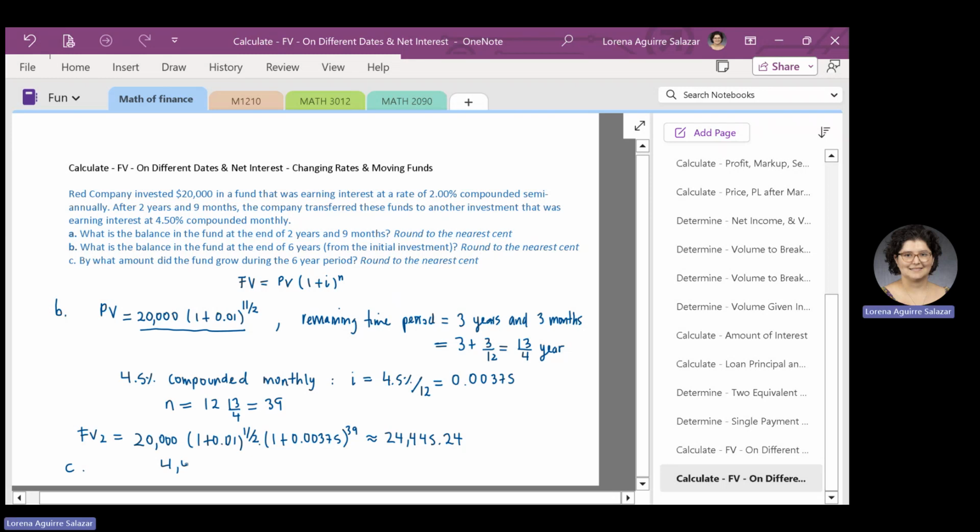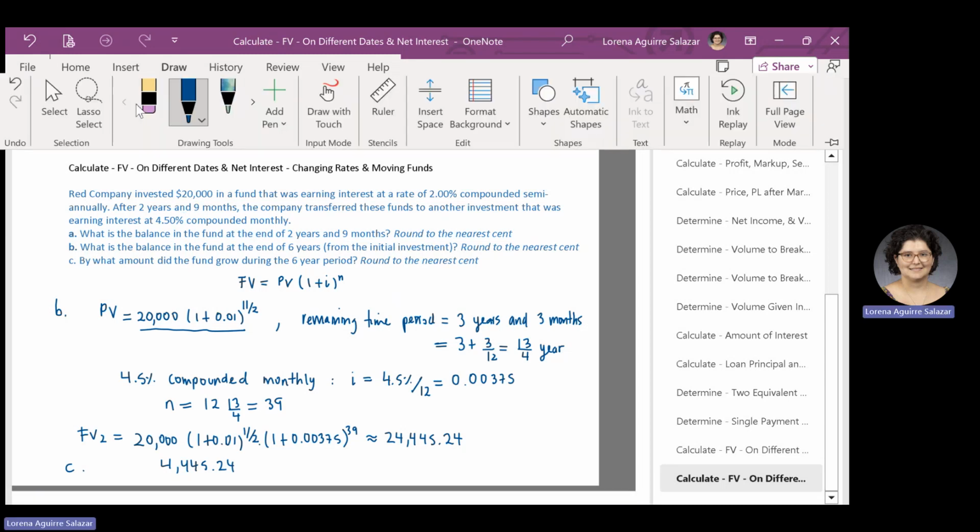The difference between the future value and the amount invested gives us the interest. The fund grew by about $4,445.24. All right, that's the end of this problem.